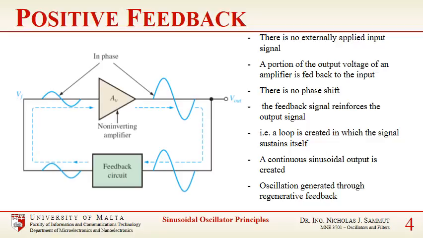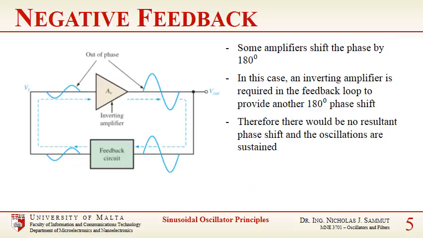So therefore a continuous sinusoidal output is created, and the oscillations generated are through regenerative feedback. This you can see very clearly in the diagram on the left, where the output signal of the non-inverting amplifier is fed into a feedback circuit and then fed back in the input of the amplifier.